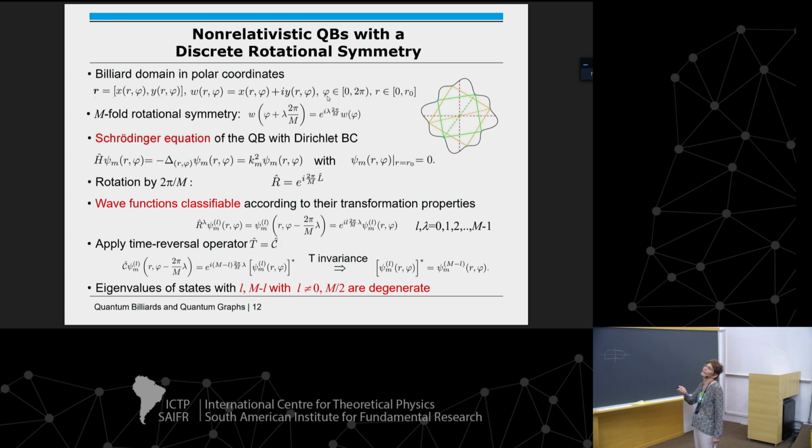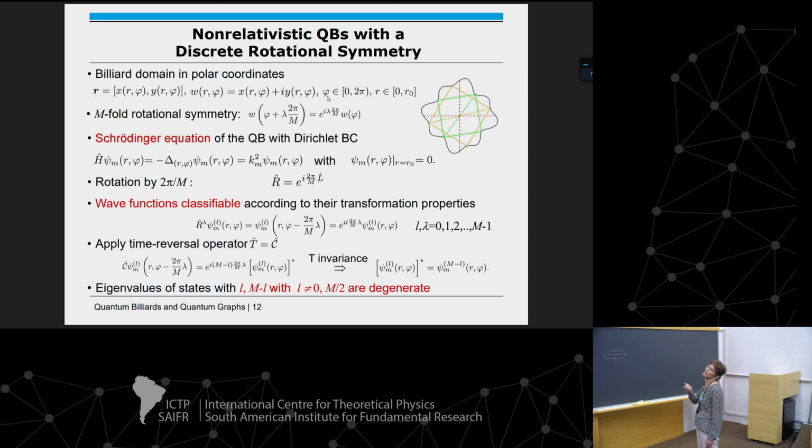So phi is the angle variable, r is the distance from the origin, and now you can define either in the Cartesian, so in the normal coordinate system, a vector r, or what we usually do, we define the boundary in the complex plane. So the y-axis would be the imaginary axis and the x-axis would be the real axis.